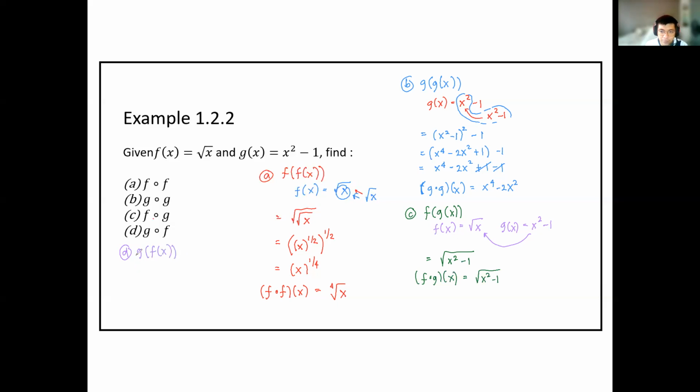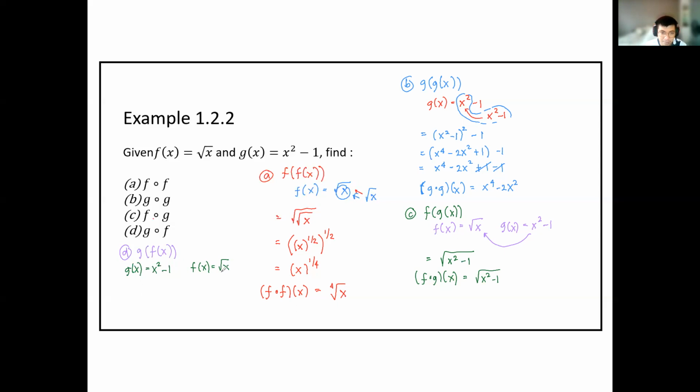Let's write first the two terms so that we can fully understand. g of x is equal to x squared minus 1, and then our f of x is equal to the square root of x. So again, the second term, right? g is the first term, second is f, g of f of x.